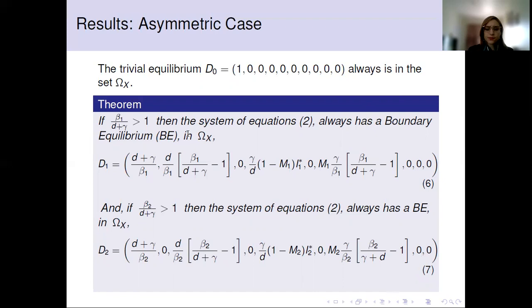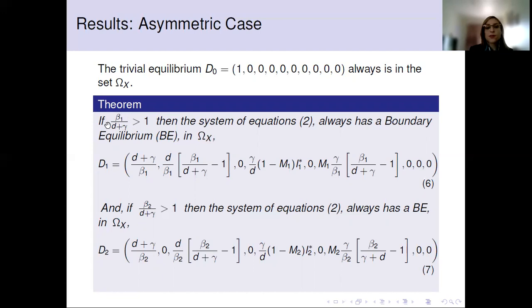And to be in the invariant positive region, it has to satisfy some conditions. This condition here, beta 1, is the infection rate over the time spent in the infection class.